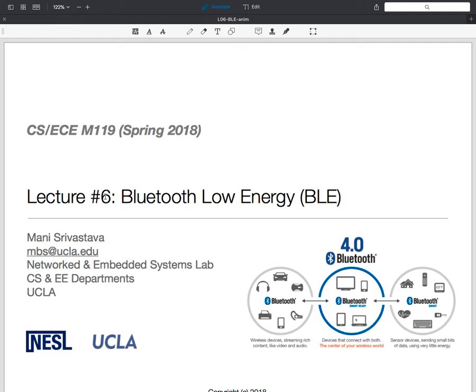Okay, so let's start. Some of this might be a recap of what Amr covered, but hopefully not to the same level of detail.